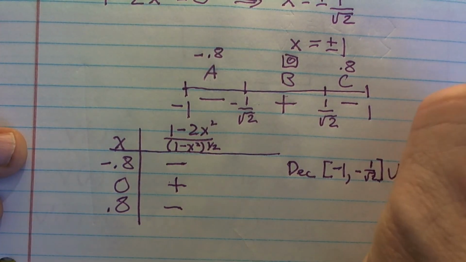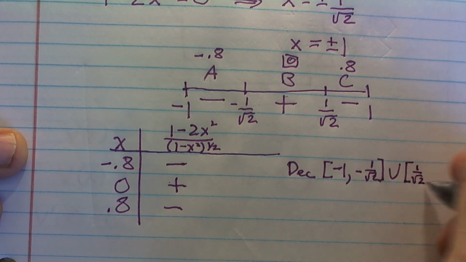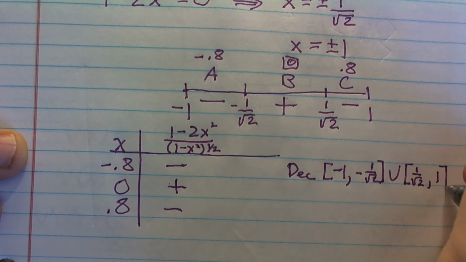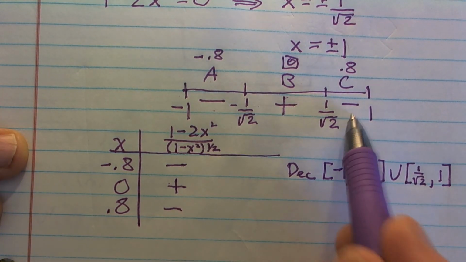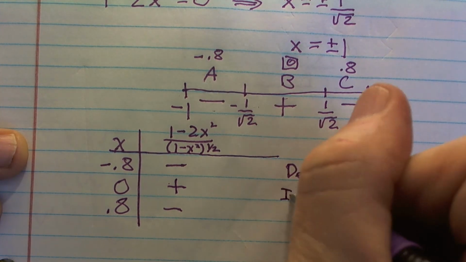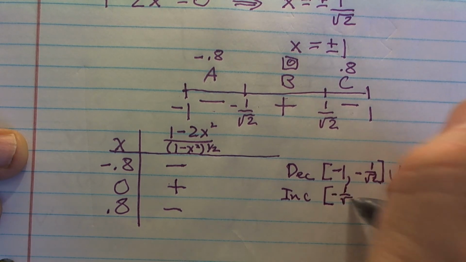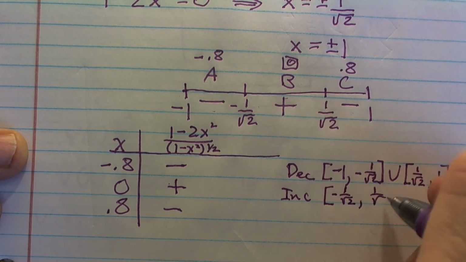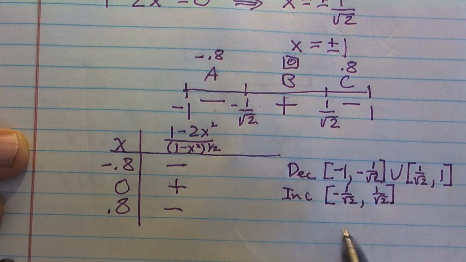And over here, between 1 over the square root of 2 and 1. So this function is decreasing here and here. Now it's increasing from negative 1 over the square root of 2 to 1 over the square root of 2. That's where the function is increasing, on that interval.